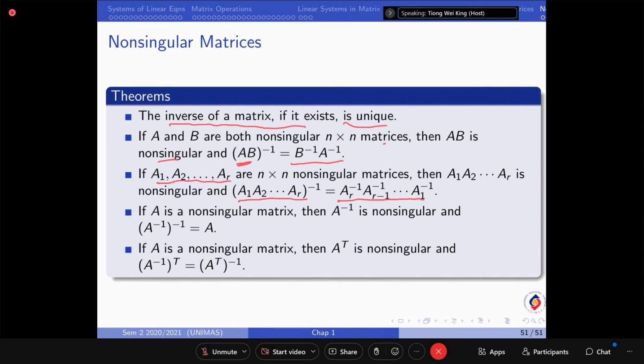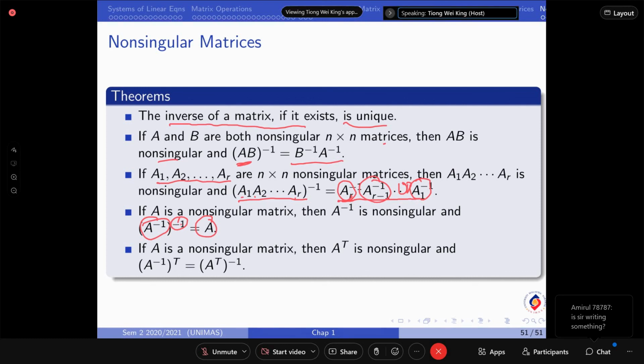Again, you need to be careful on the order. Here, this is A1, A2, A3 until AR. If you split this, it will begin with AR inverse first, and then AR minus 1 inverse, and then A3 inverse, A2 inverse, A1 inverse. The inverse of an inverse matrix is the matrix itself, so the inverse of A inverse is A itself.